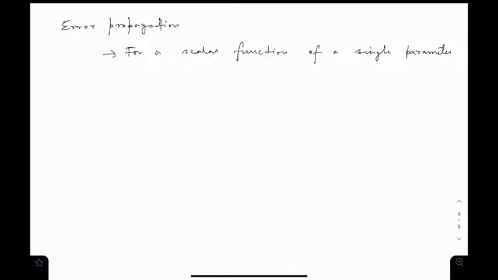If we have to propagate the maximum likelihood estimate and its error limits of a parameter, let's say theta, to another parameter, we should apply the direct functional relation, which is equivalent to a transformation of the likelihood function.